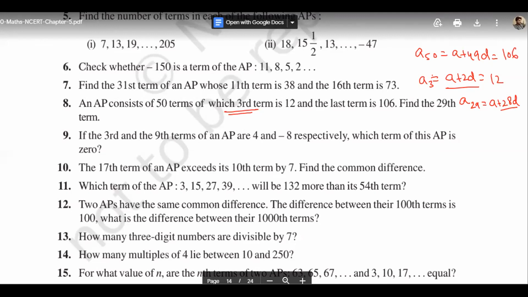Yes, sir. Okay, now moving to the next. If the third term and ninth term of an AP are given, which term of the AP is 0? Now it is being asked which term of this AP is 0.